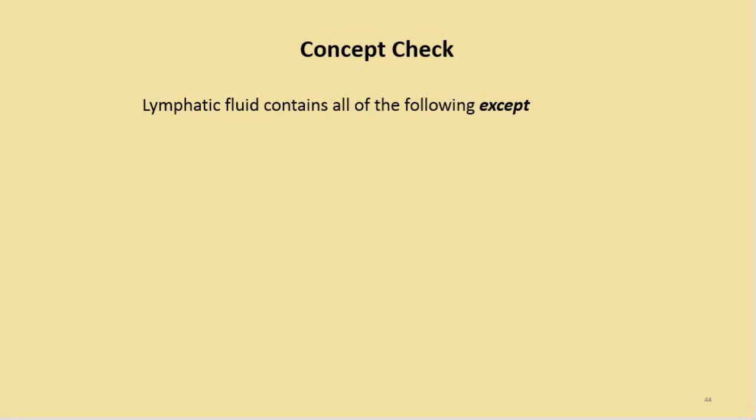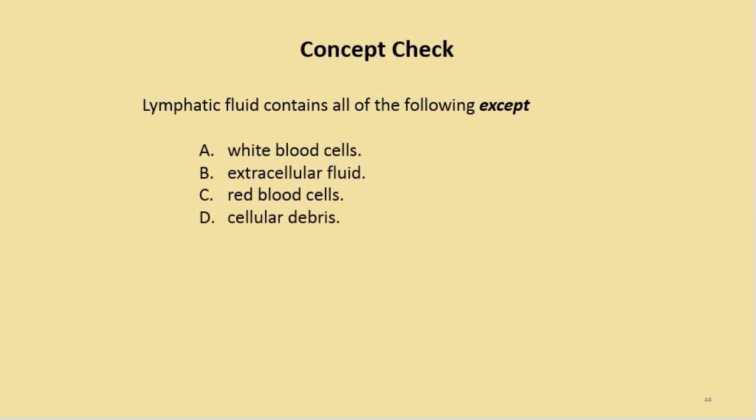Lymphatic fluid contains all of the following except: white blood cells, extracellular fluid, red blood cells, cellular debris, or infectious agents. The one thing that it should not contain is red blood cells, because red blood cells are filtered out.